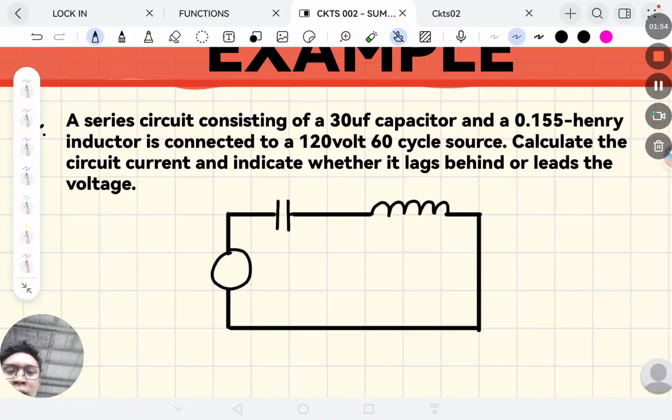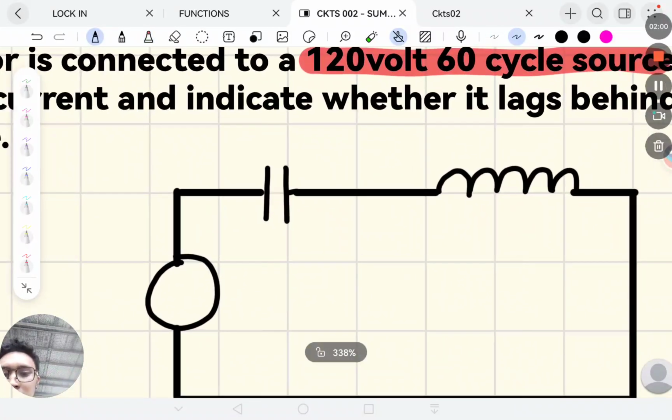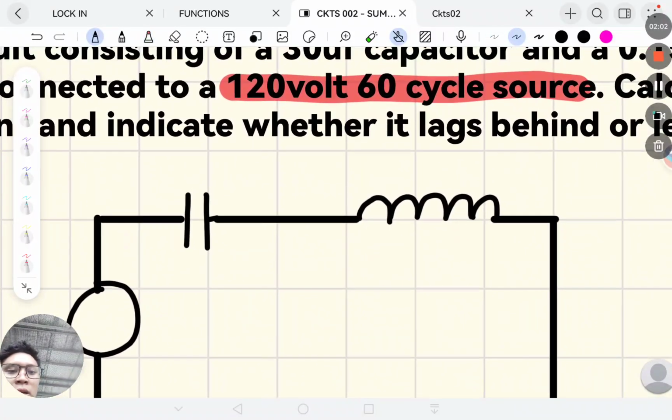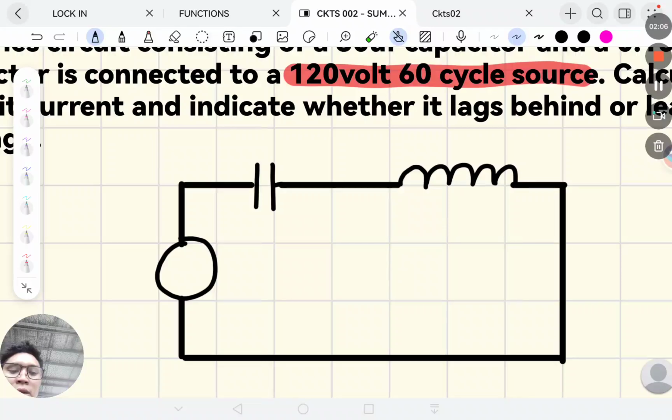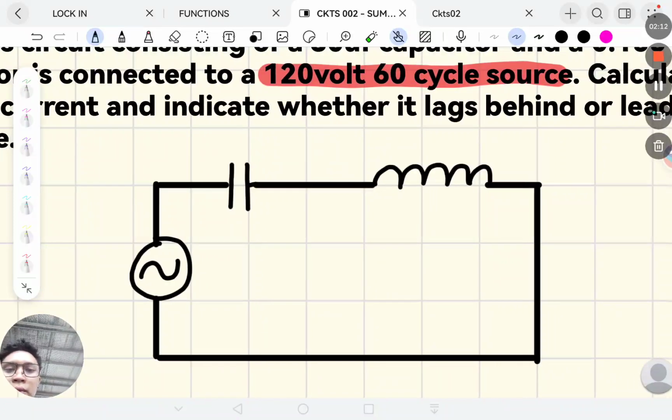Source voltage rather. Ano ba yung source natin? 120 volts, 60 cycle source. So may 60 cycle source, it means may cycle siya sa AC or alternating current. So 120 volts, 60 cycles is hertz.